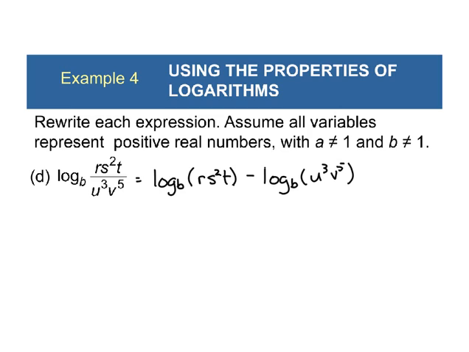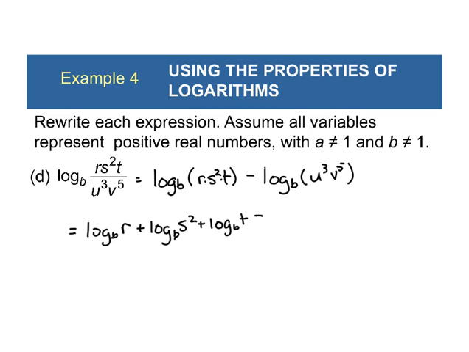Now expand these even further. So use your product property, and you're going to have log base b of r plus log base b of s squared plus log base b of t.